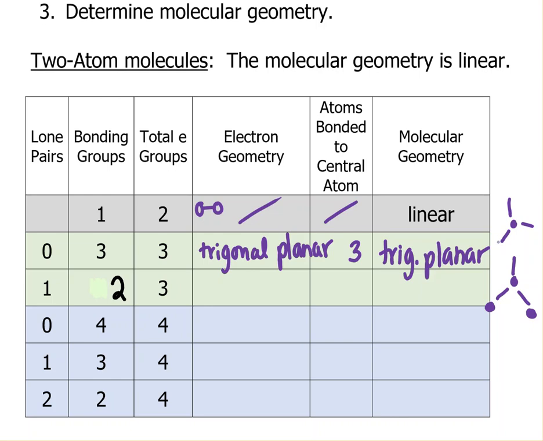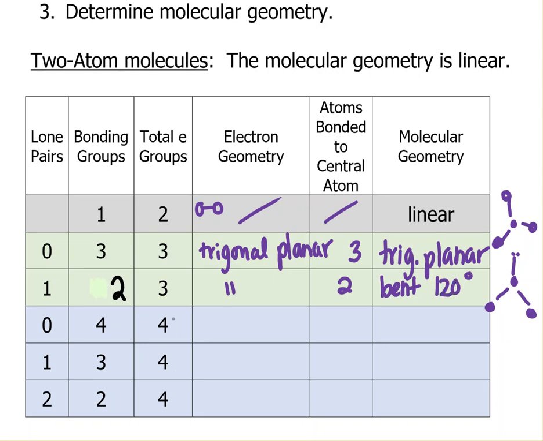Let's put the 3 there. Okay, and on this one there's electrons there, but it's a lone pair. And when we do the models, we just put a stick there so that you can see that there's a lone pair. But with 2 bonding groups, 2 atoms bonded, the electron geometry is still trigonal planar, but the shape is going to be bent, 120 degrees.